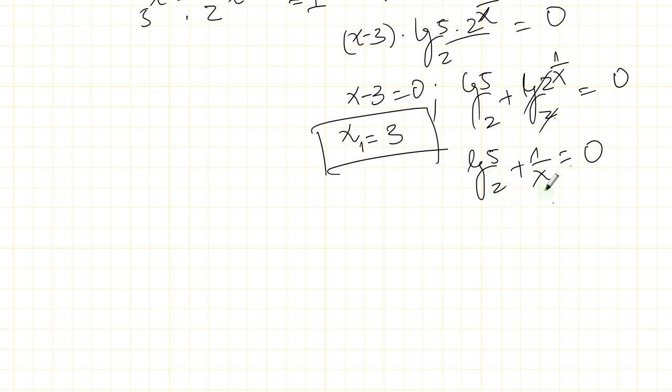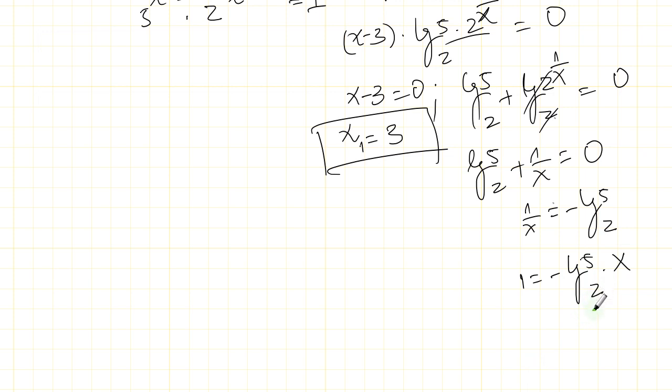And then working from here, guys, let me say this one goes to that side. So we're going to have 1 over x equals negative log base 2 of 5. Now we're going to have x multiplying this one, so 1 equals minus log base 2 of 5 times x.